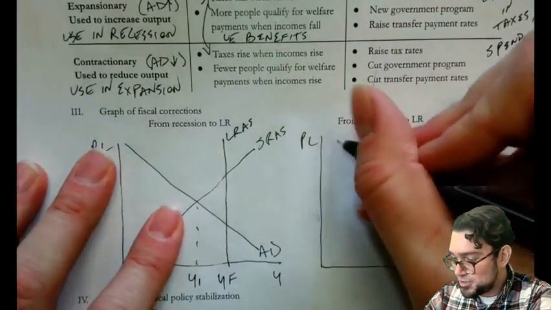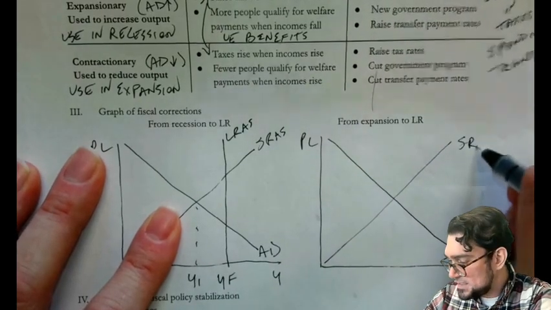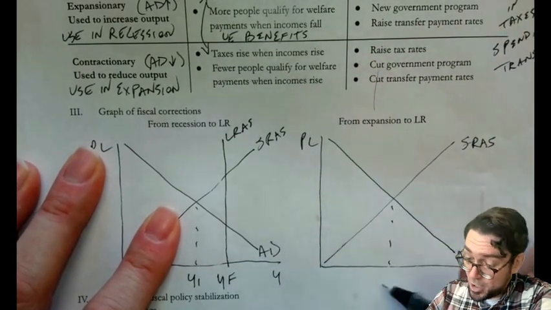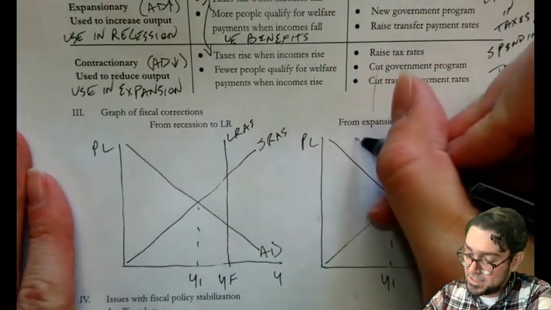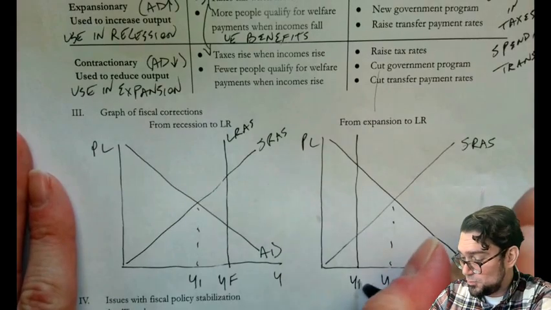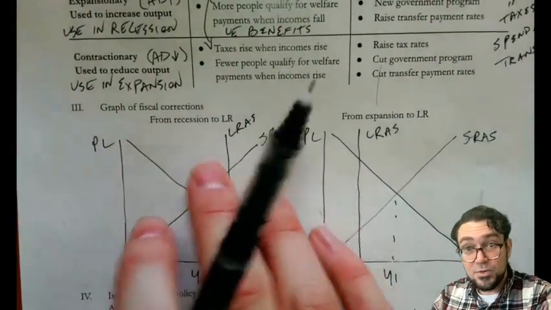And now with an expansion, we're going to do the same thing, but on the other side. So we have an SRAS and an AD. That's going to tell us how much we are producing. And in an expansionary gap, we're producing above full employment. So we would say that LRAS should be over here at YF. And now I'll ask you, what should we do in a recession?